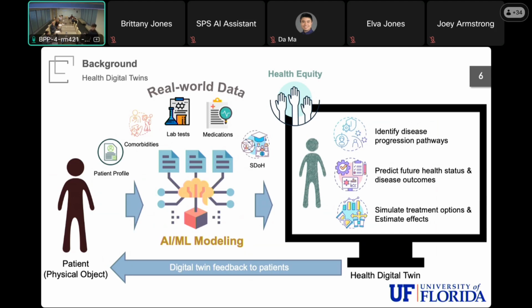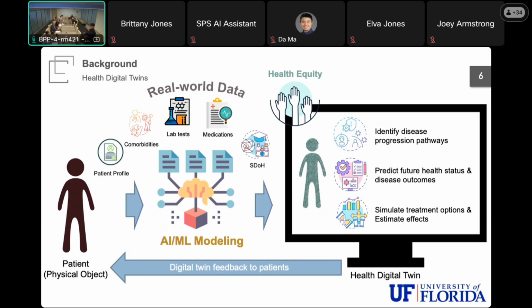And I want to mention that this digital twin model is not a single purpose prediction model or other machine learning model. It can provide multiple functions. Like in digital twin, we can provide the descriptive information of the patient and can tell us the disease progression status of that patient and can predict the future outcomes.